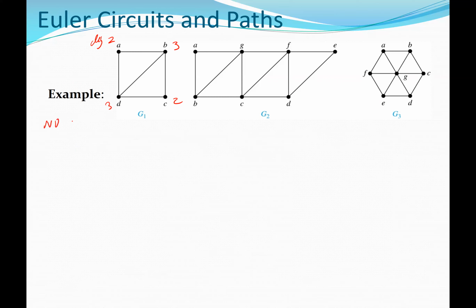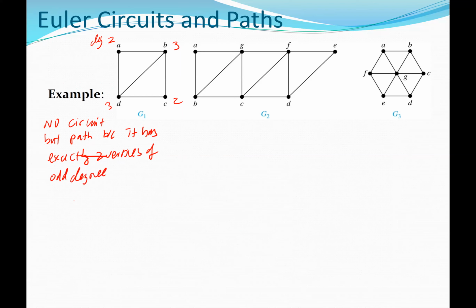So no circuit, but path, because it has exactly 2 vertices of odd degree. So this guy is degree 3, those are the only 2 that have that.